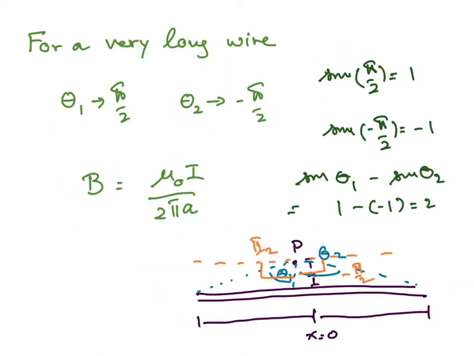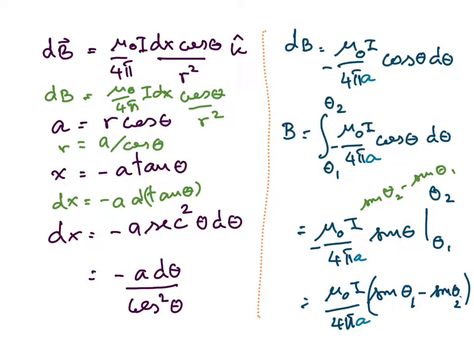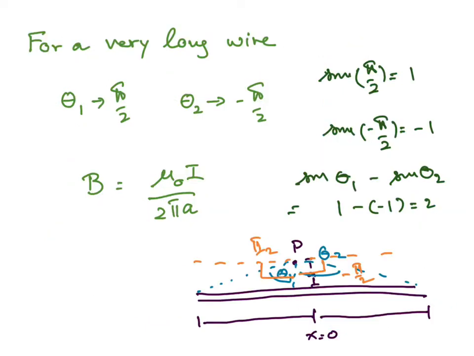Then we substitute this result into this formula, and finally we have the magnetic field equal to mu 0 I over 2 pi a, because we have 2 here and 4 here, and 2 over 4 is 1 over 2. So we have that B is equal to mu 0 I over 2 pi a.